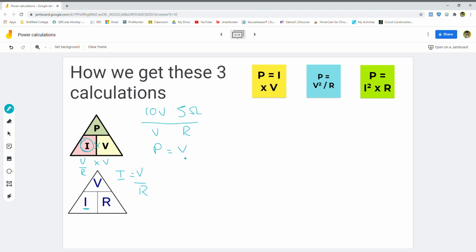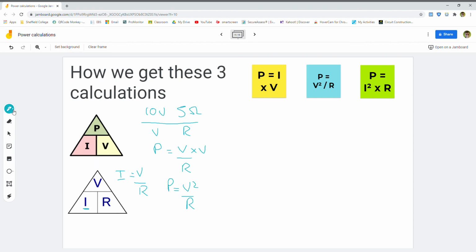So V over R times V. Or, to write it out in a simpler way, P equals V squared over R. Okay, hopefully that does make a bit of sense. Let's get rid of that.